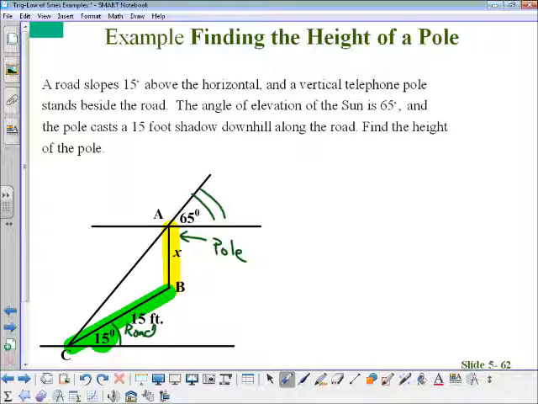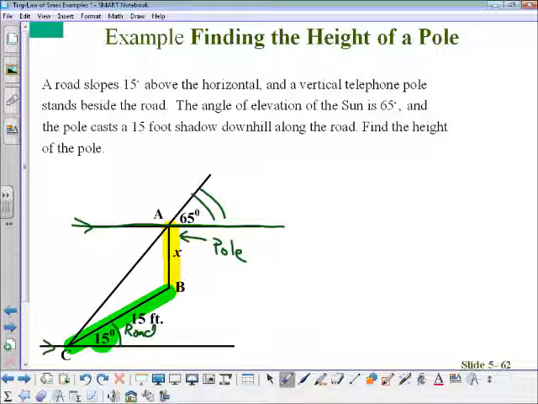Okay, but the pole is going straight up and down. So this line here is a horizontal line used for reference, showing the sun's angle of elevation. It's parallel to where the road would be if it was flat.